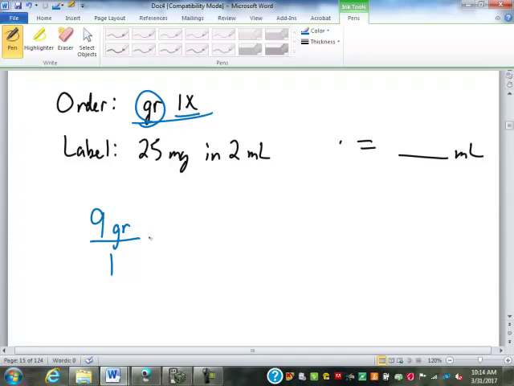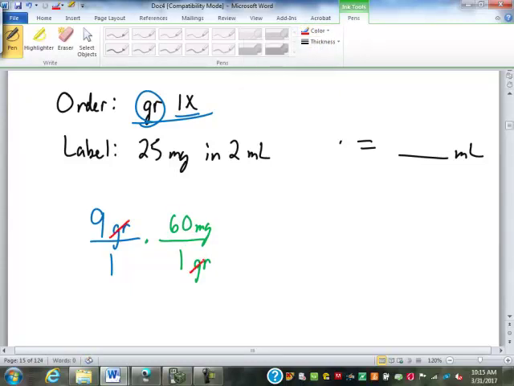So the first thing we have to do with something like this before we can do anything else is convert grains into milligrams. Don't get confused, because a lot of people see GR and think grams. It is not, it is grains. 1 grain is 60 milligrams if you look it up. You may have to look back in the book at the last chapter where we have those conversion charts for you.